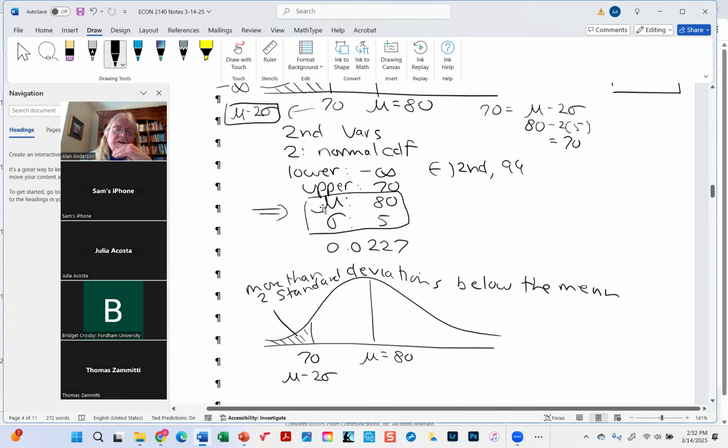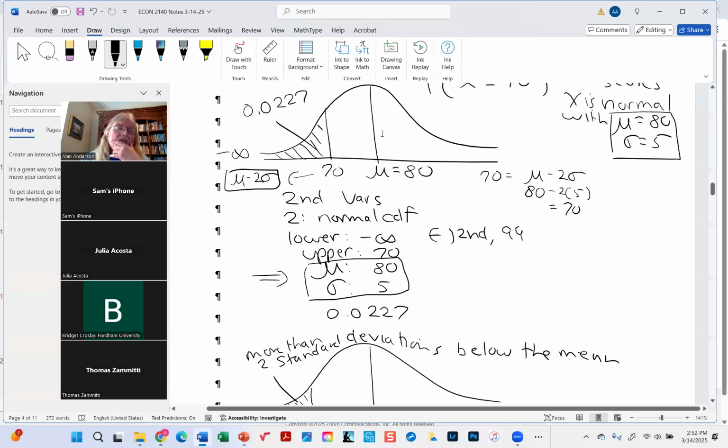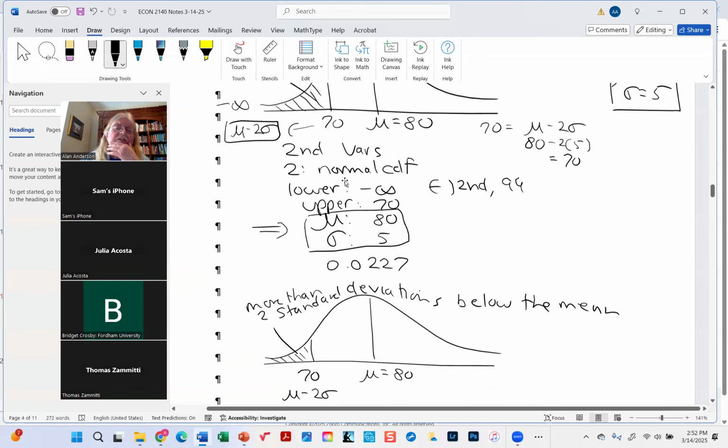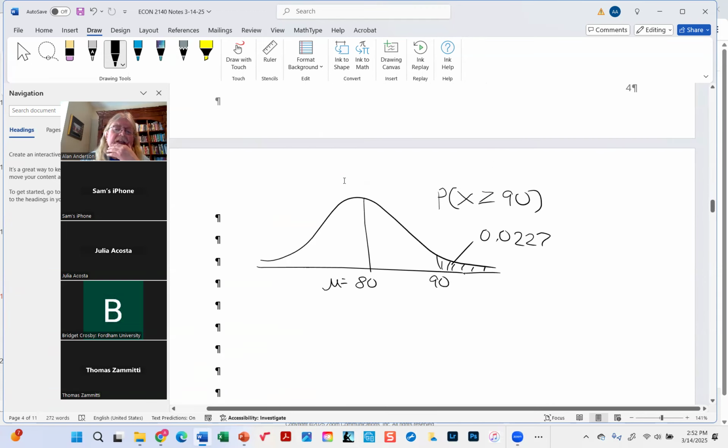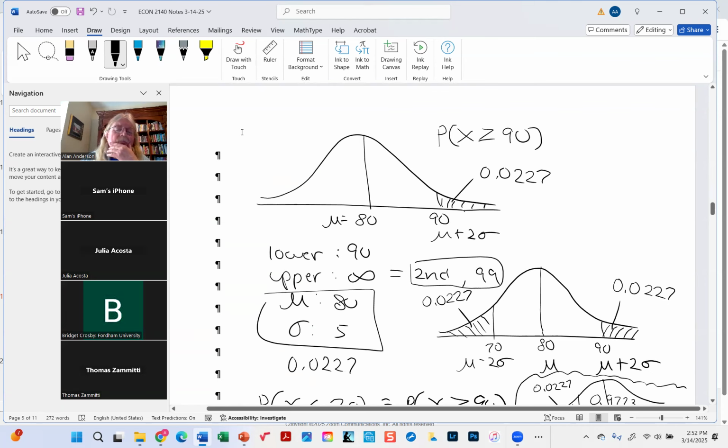Now let's flip this around, and you probably can see where this is going. Let's try the other side of the distribution. Let's see what the probability is of getting 90 or more. And this in turn is actually the mean plus 2 standard deviations. So once again, you type in your numbers. The upper limit is infinity, which we know is 2nd comma 99.